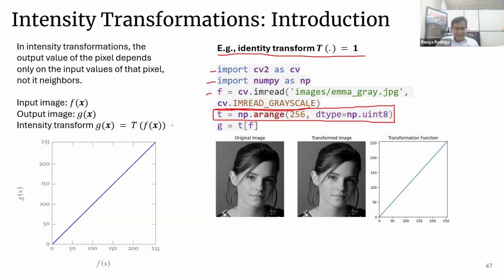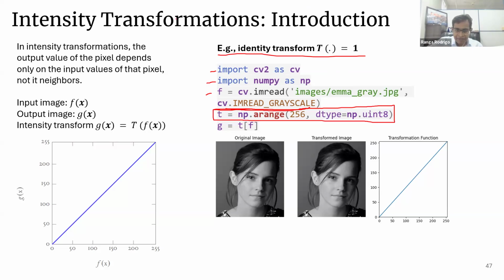It says np.arange(256). What does it generate? It generates an array of length 256 with values 0, 1, 2 up until 255.